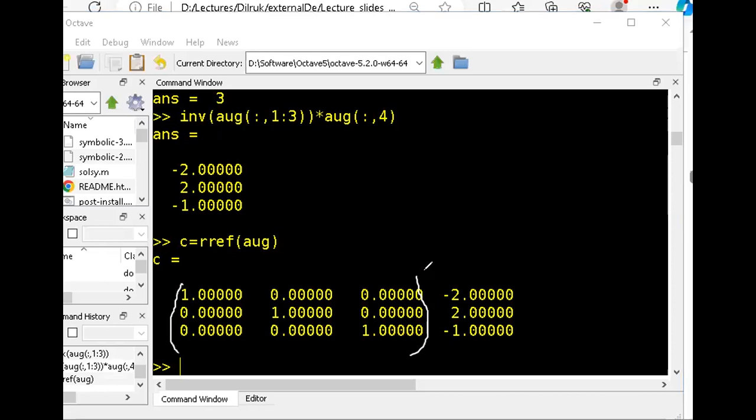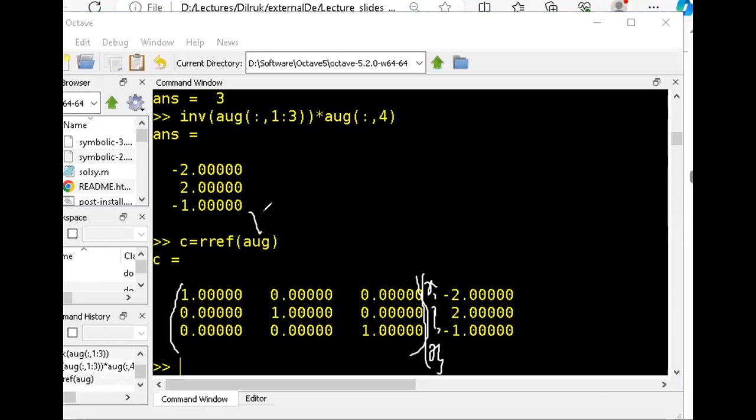Here I have the variables as a column vector x1, x2, and the last x3. And this is my right hand side. So you can see that x1 is equal to negative 2, x2 is equal to 2, x3 is equal to negative 1.